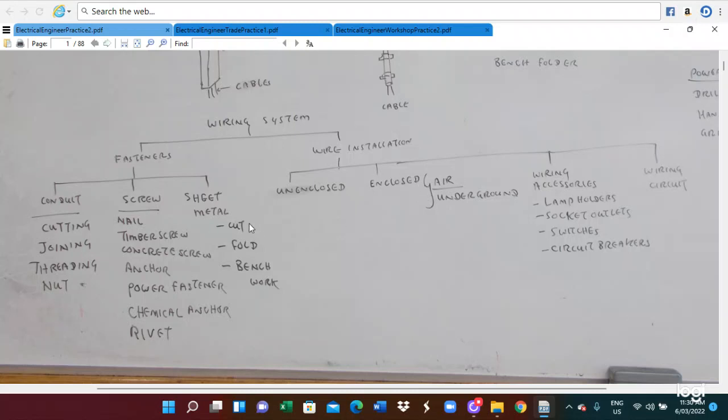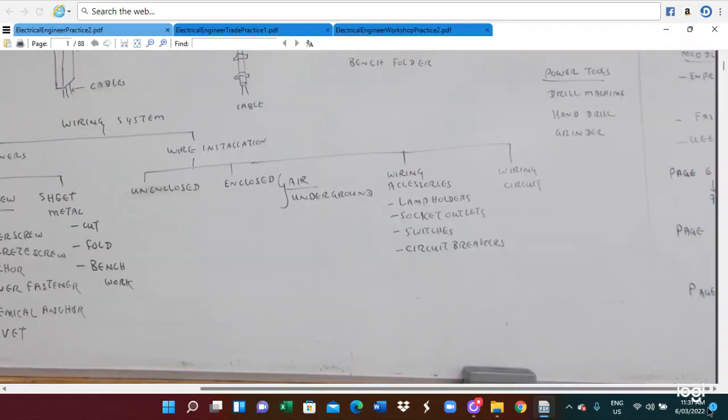A wire without any enclosure is unenclosed. Either you can run the wire in the air or underground. The wiring accessories include the lamp holder, socket outlet, switch, and circuit breaker. And then we have to wire up to the wiring circuit. Those are the important aspects of the wiring system.